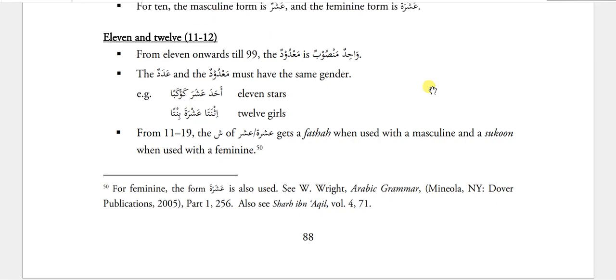So ahada ashara kawkaban, 11 stars. 12 girls, isnata asharata bintan. From 11 to 19, the sheen of ashara and asharata gets fatha when used with a masculine and sukoon when used with a feminine.